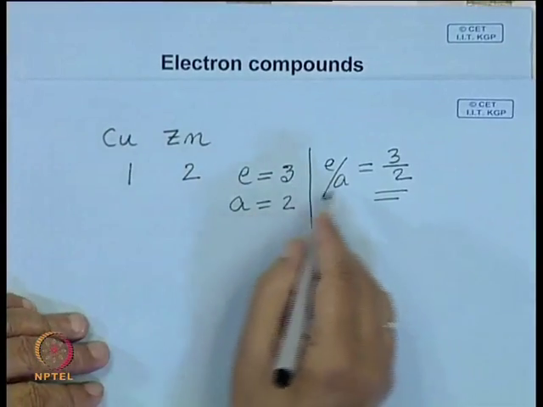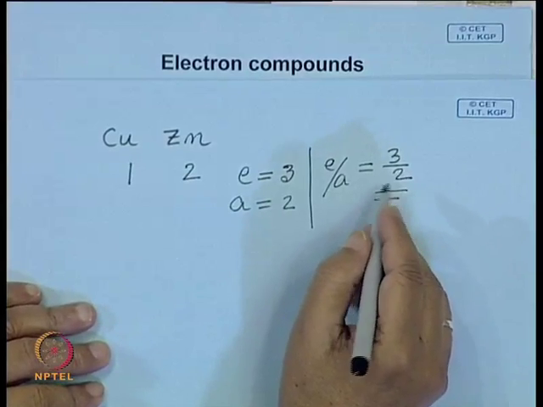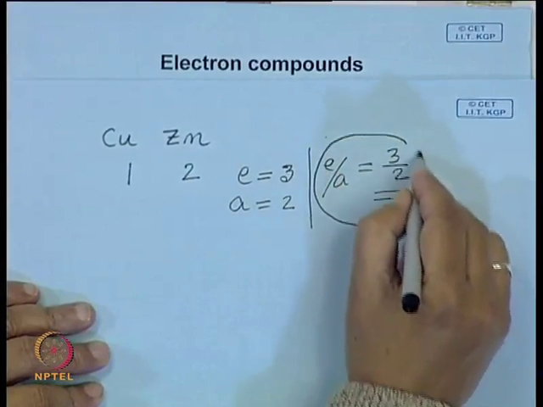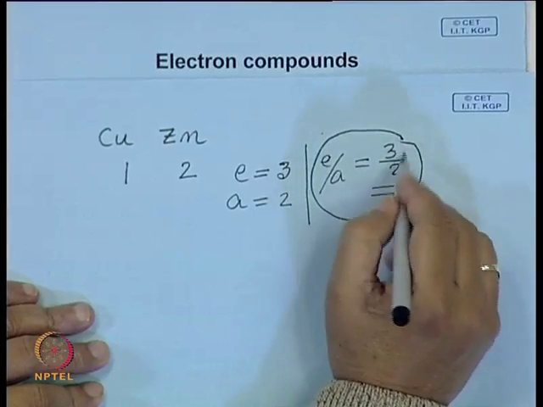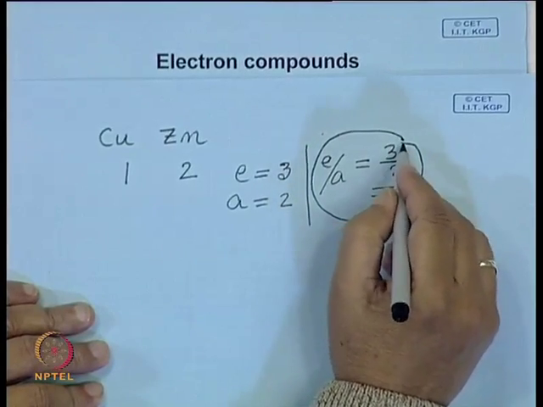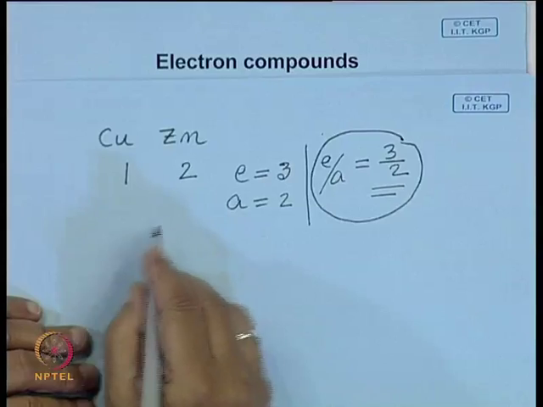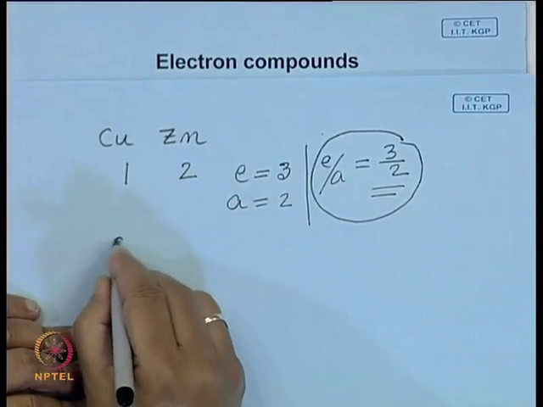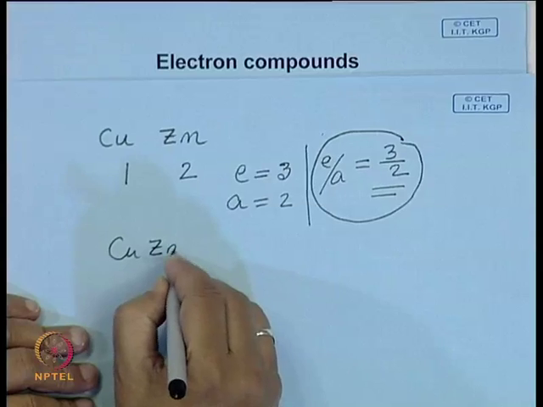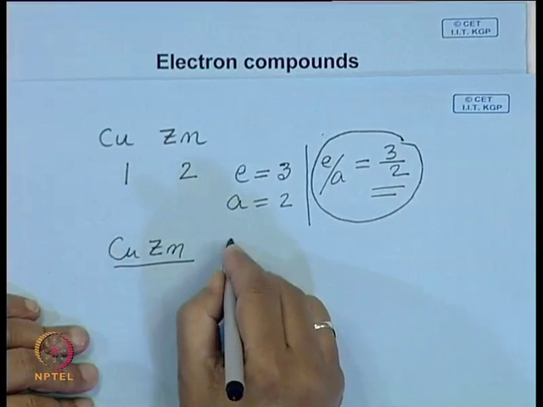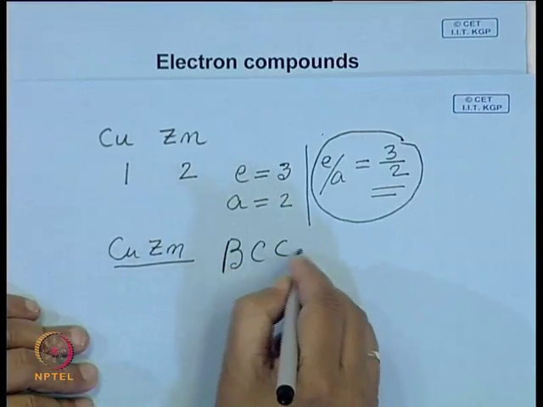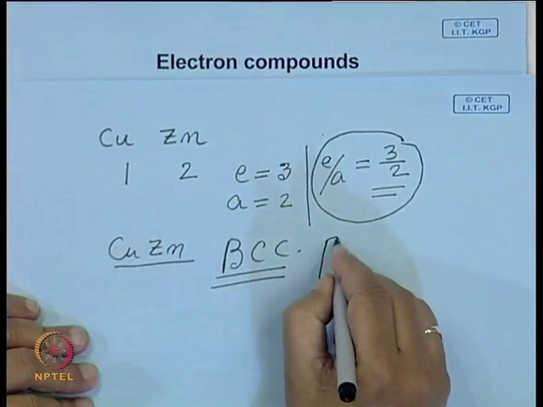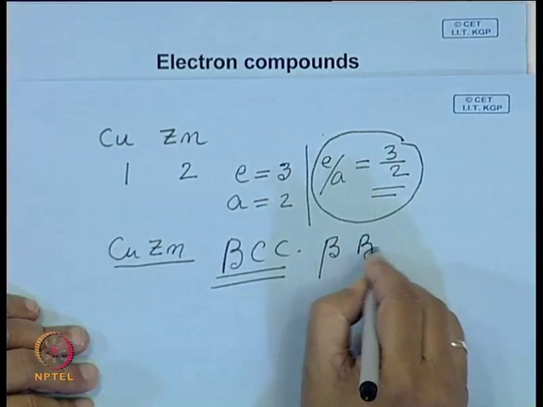It has been found in several cases that wherever this electron to atom ratio is attained, you get a crystal structure very similar to copper zinc, which is BCC, called beta brass.